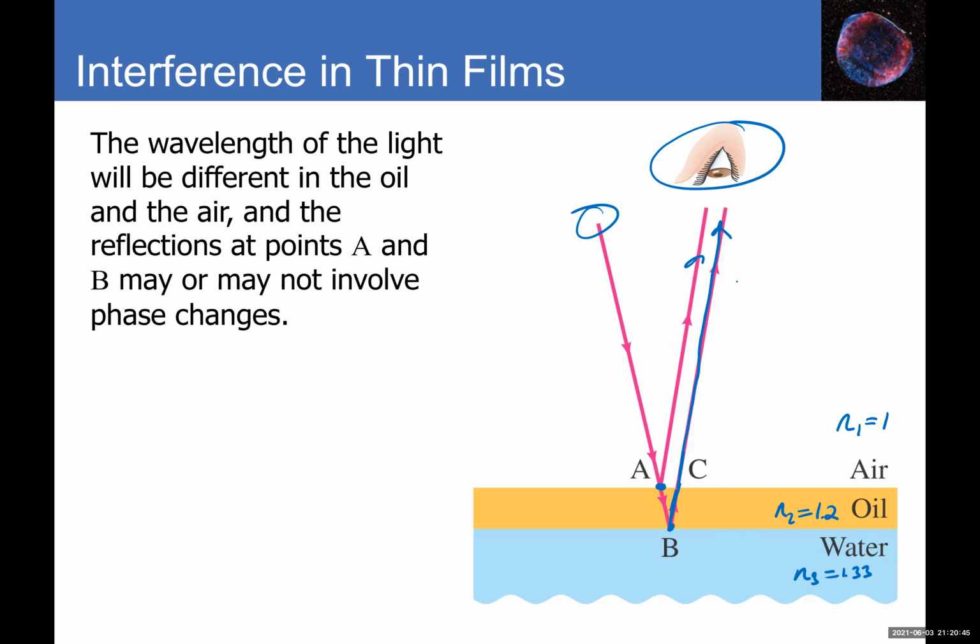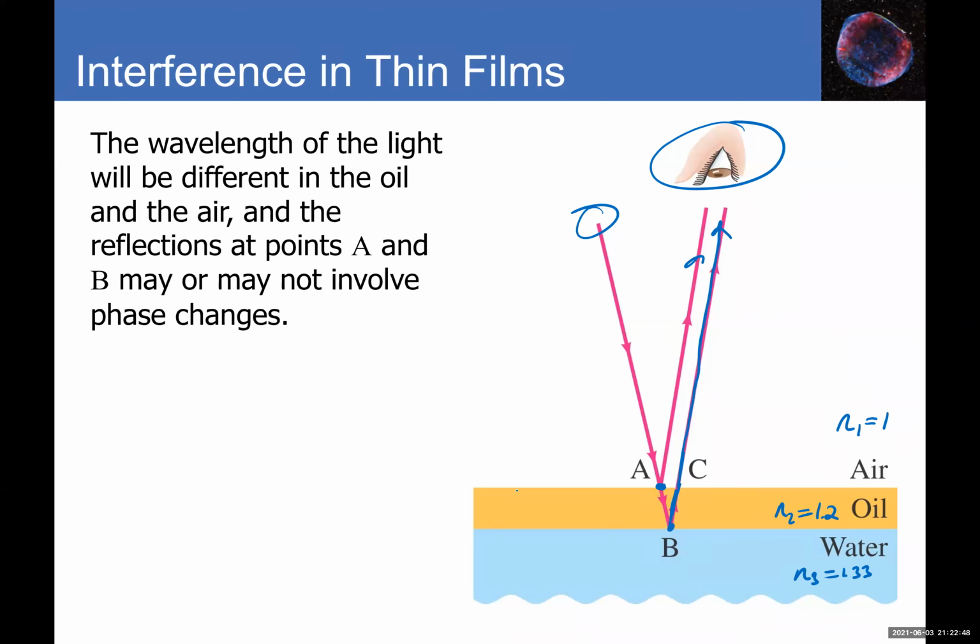And they will undergo some phase change at this point. But one thing we can say is that it will be constructive interference, and then you will see a bright color. That's why when you look at soap, you see some kind of bright color.